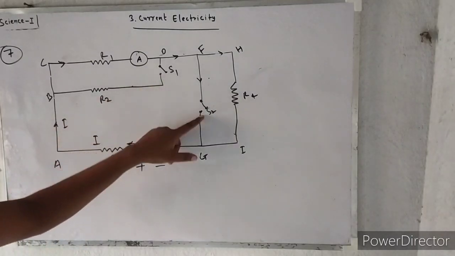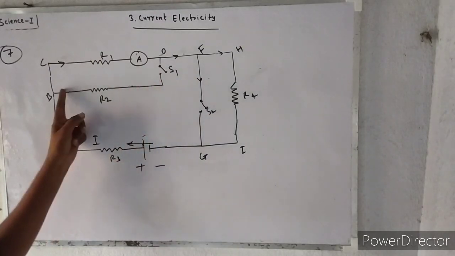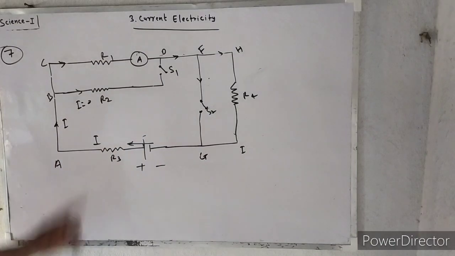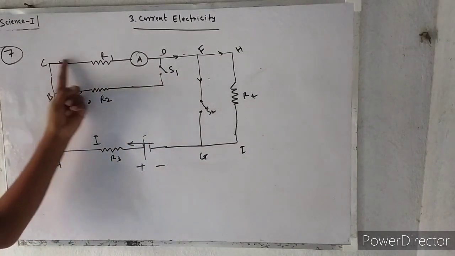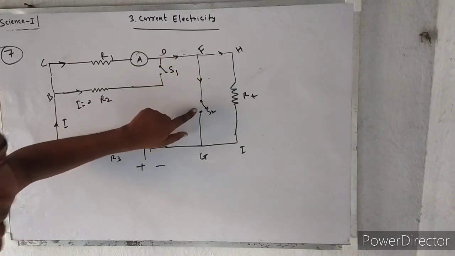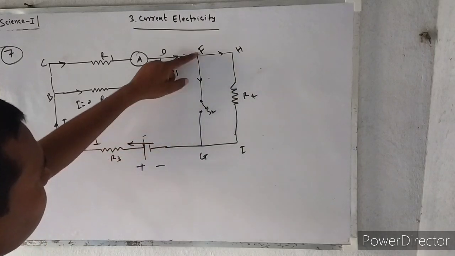Since S1 and S2 both are open, current will not go in this branch. Current will not go in this branch since this is an open circuit, and all the current will go here. S2 is open in the second case, so current will not come in this branch FG.